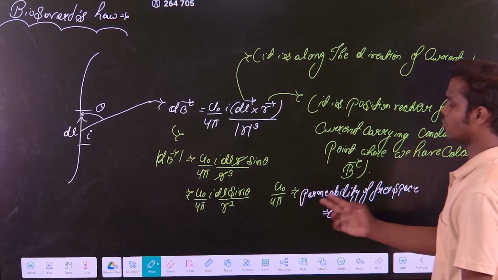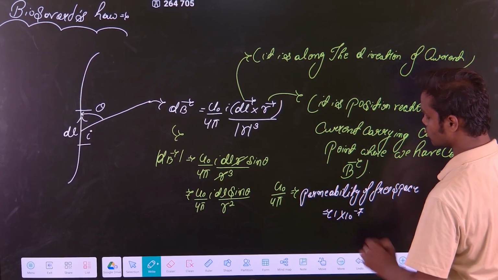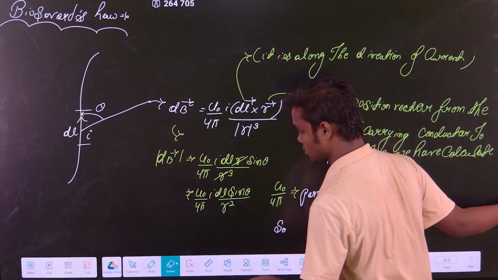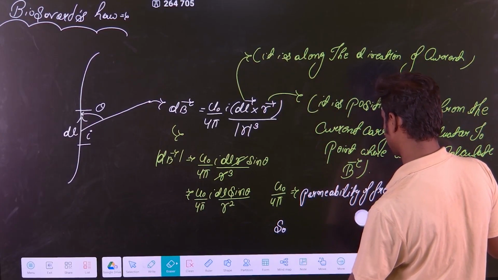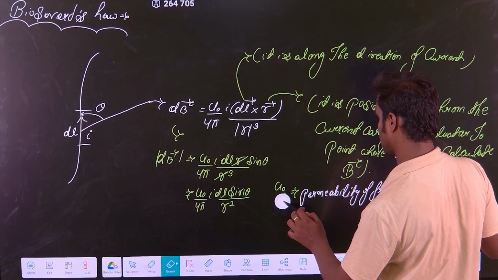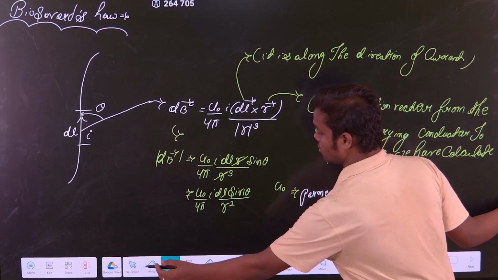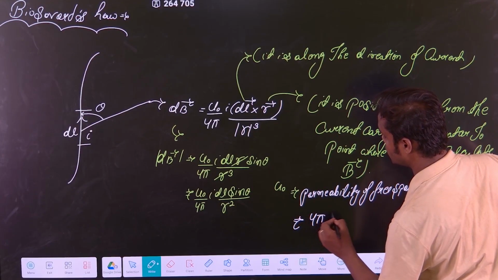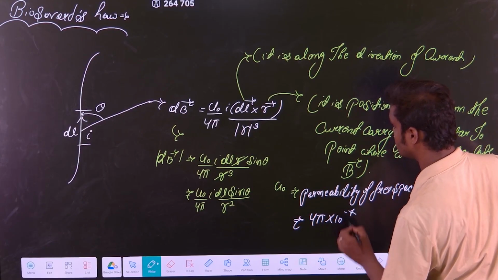Mu naught upon 4 pi is equal to 1 into 10 to the power minus 7. Sorry, one mistake is there. So this value mu naught will be given as 4 pi into 10 to the power minus 7. Correct.